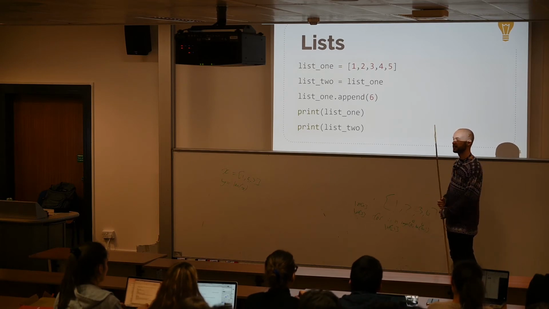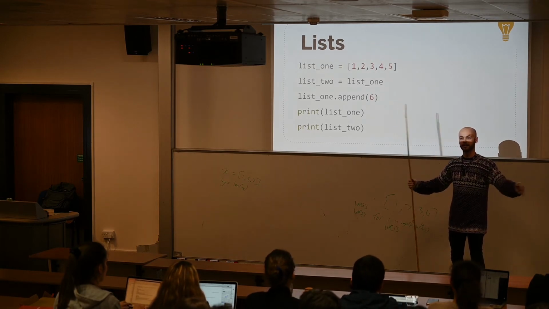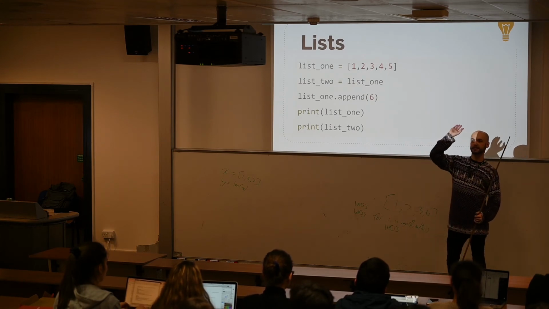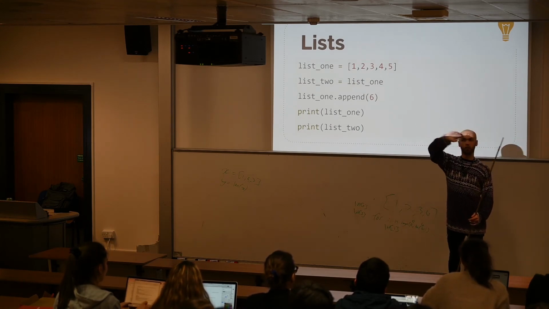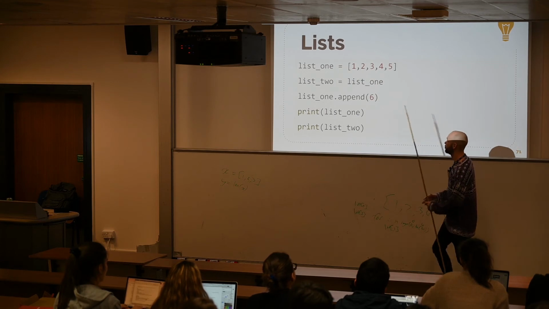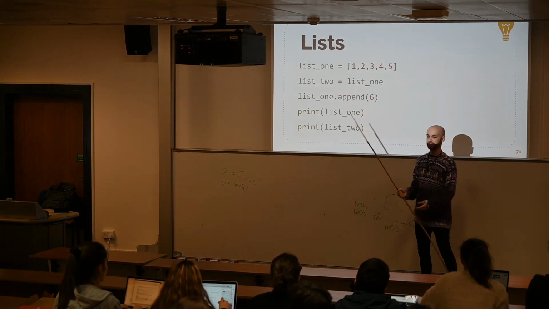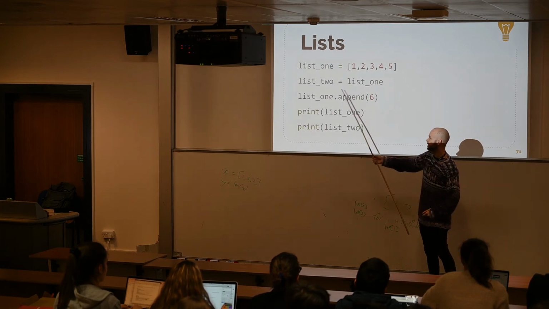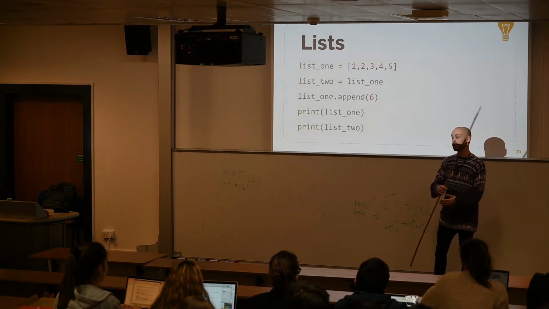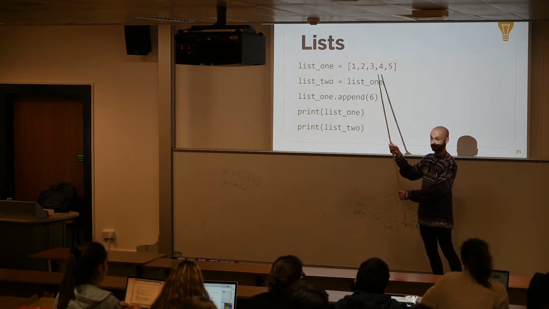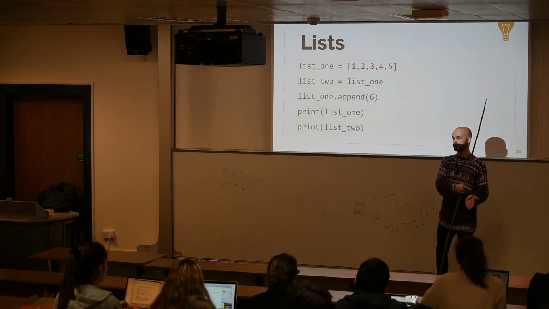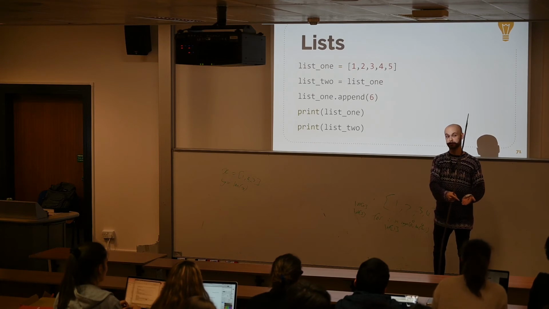So if you think of the heap as like a big warehouse full of supplies, it's got rows and shelves and stacks and stuff, and you're putting your lists on one of the shelves in one of the rows, and the label that list 1 actually is just like an address in your warehouse. So when you do list 2 equals list 1, you're not giving it the same list. You're giving it a label that points to the same place in your warehouse.